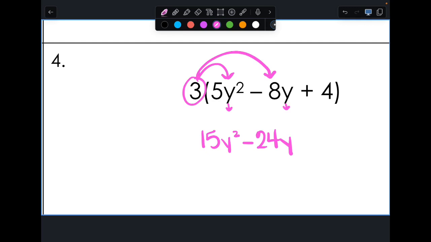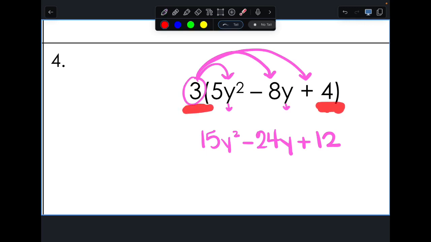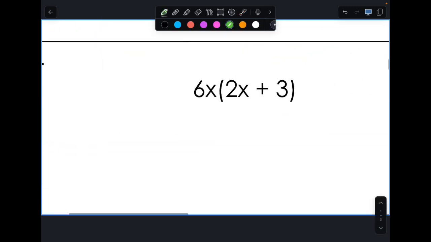And then last, 3 times 4 is? 12. Do 3 or 4, do either of these numbers have a y? No. So there should not be a y here. One of the mistakes that students were making was putting random y's or random x's into the expression. You tell me why.